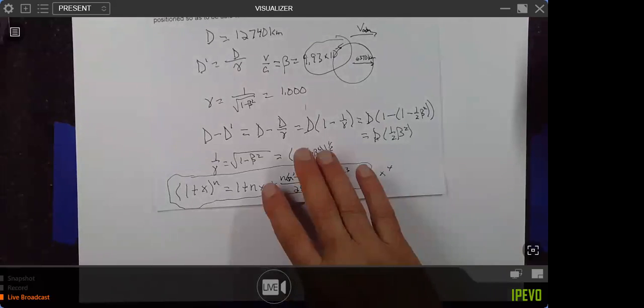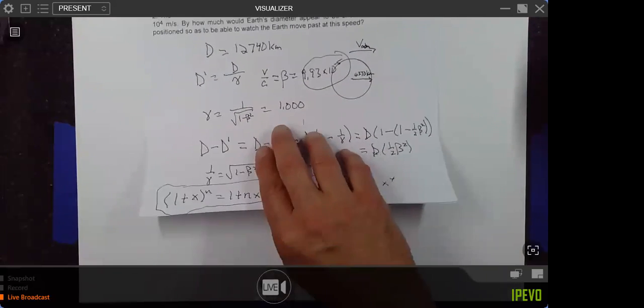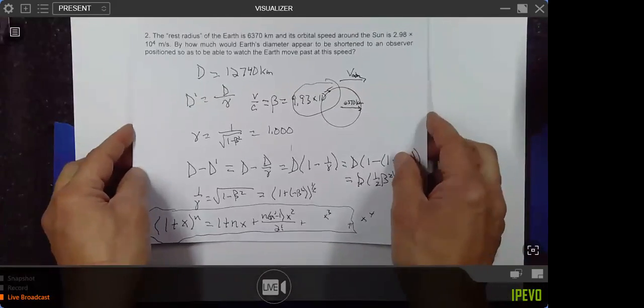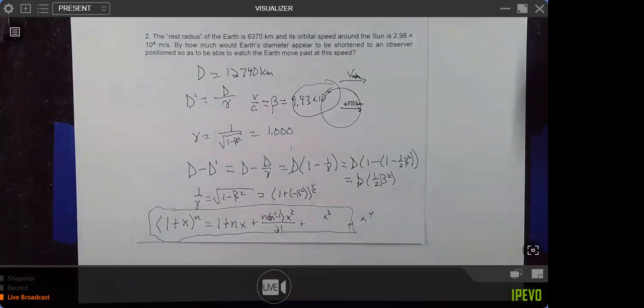No, you can't see the top of the problem, but we have the rest radius of the Earth. And this is a problem looking at how the moving lengths appear shortened along the direction of motion. So it's dealing with length contraction, but it's a very small length contraction.